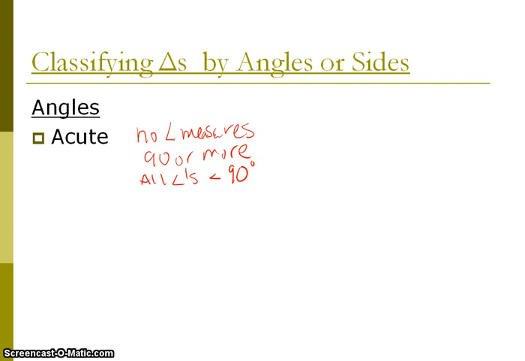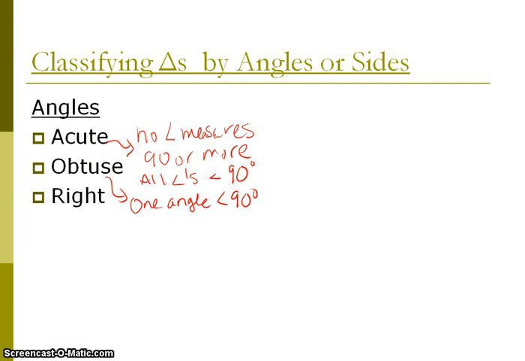Okay, the next one, obtuse: one angle is greater than 90 degrees. That's the definition for an obtuse triangle. And then for a right triangle, what do you think it is? I hope you know it's one angle is equal to 90 degrees.